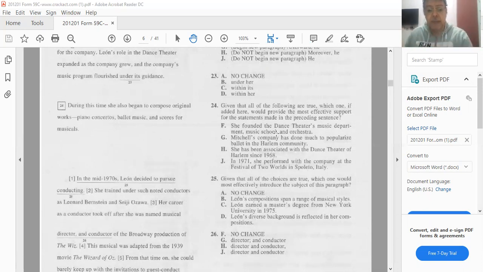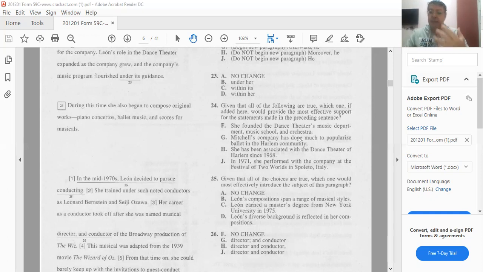Mitchell's company has done much to popularize ballet in the Harlem community? No. She has been associated with the dance theater since 1968? No. In 1971, she performed with the company at the Festival of Two Worlds in Spoleto, Italy. No. So the best way to support the statement that the company thrived under her guidance is F, because here it says she founded the dance theater's music department, music school, and orchestra.